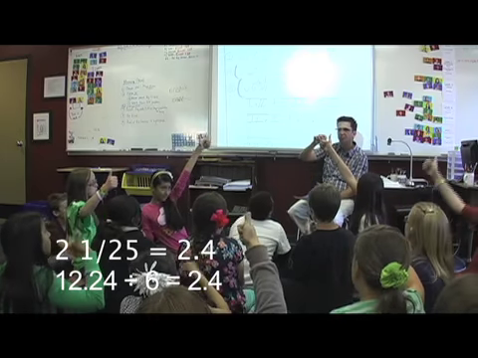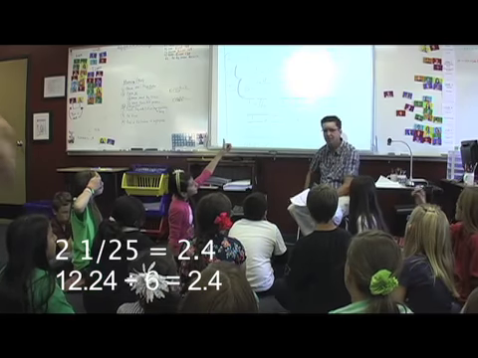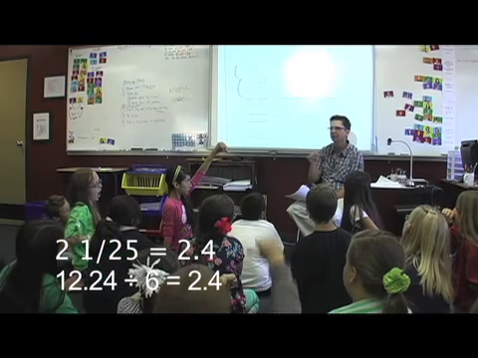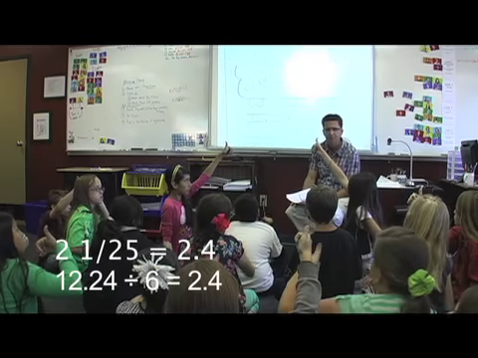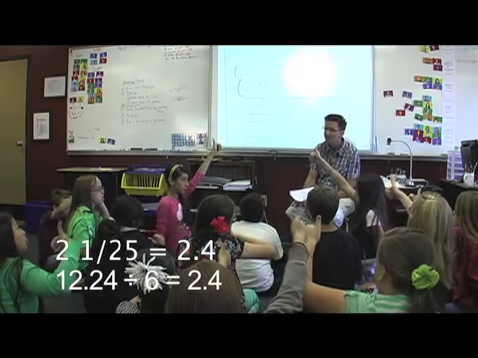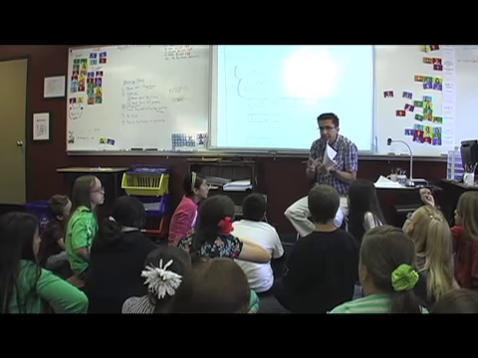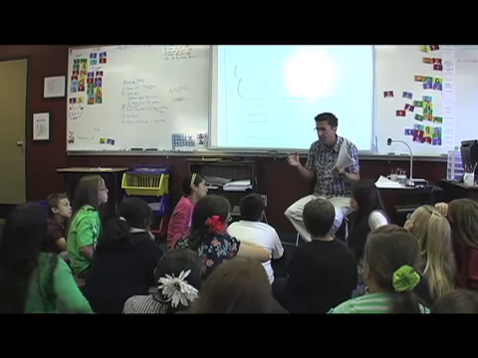If we put 2.4 and 2.04 or 2.004, is that pretty much the same thing? No. Could we put 2.40 and 2.400 and 2.4000? And is that pretty much the same thing? Because the zeros have to be sandwiched in between the decimal point and the other number to mean something.